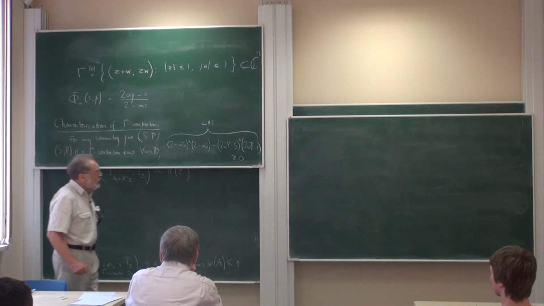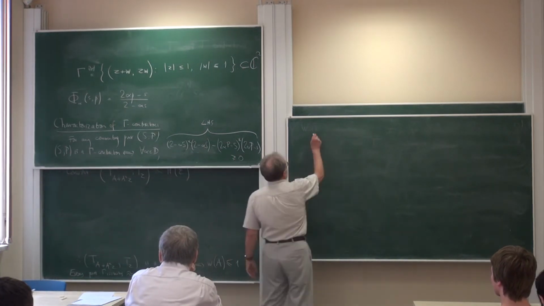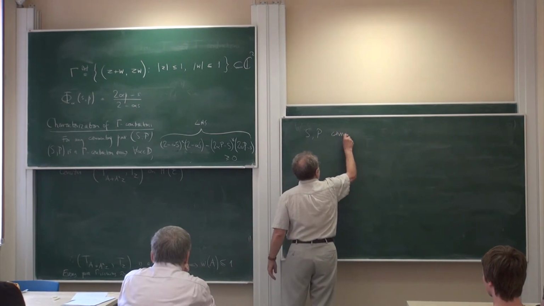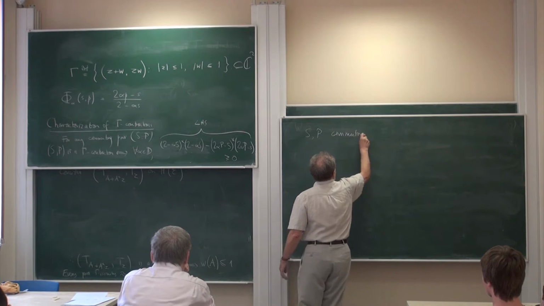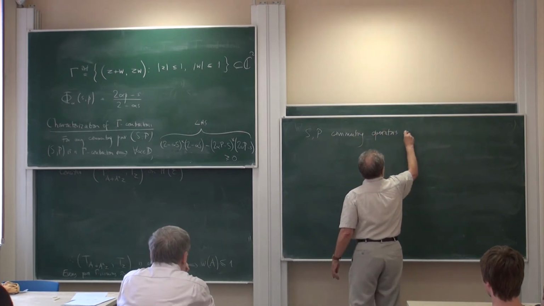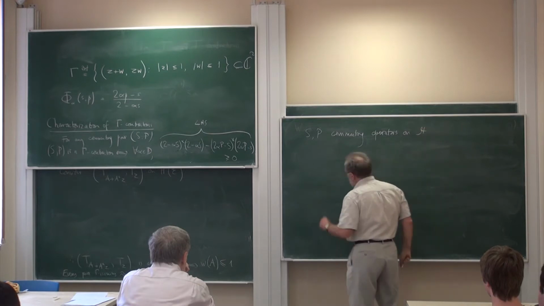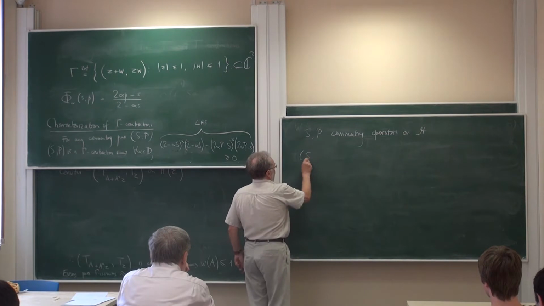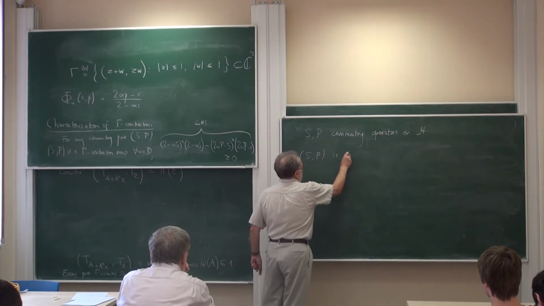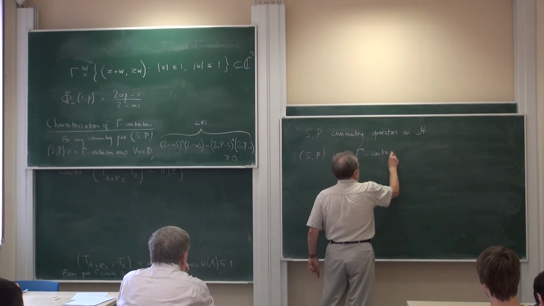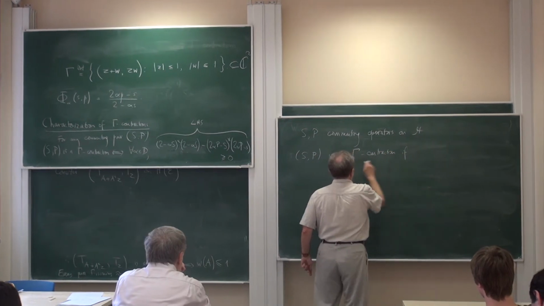And a gamma contraction, so if S and P are commuting operators on a Hilbert space H, then (S, P) is a gamma contraction. So this is a definition.